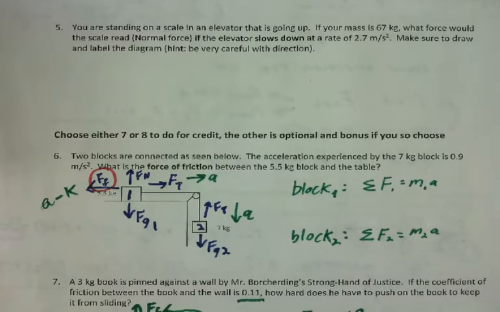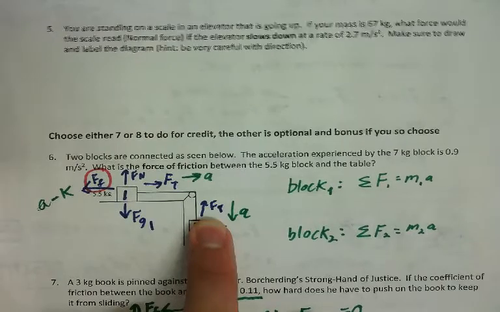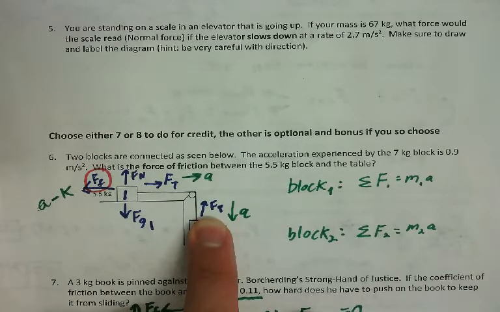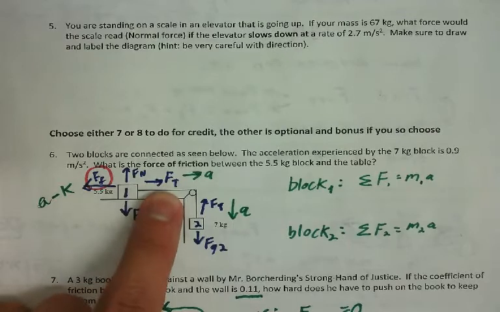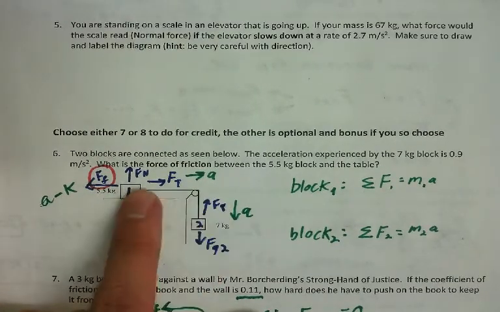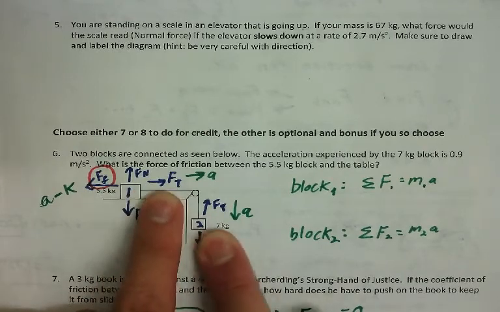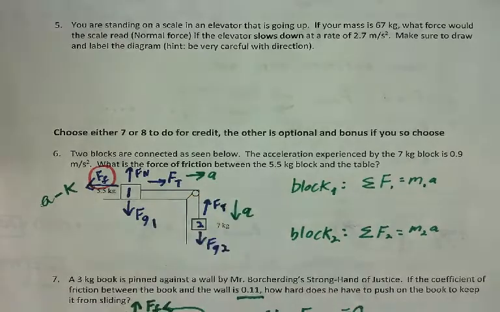The force of tension of Block 1 on Block 2, this force here, is equal and opposite to the force of Block 2 on Block 1, this force here. Now I know they don't necessarily look opposite because you're like, well, one's up and one's to the right. But if you were to straighten this block out, it would be one to the right and one to the left. So they are equal and they are opposite. So the tension on both is the same.